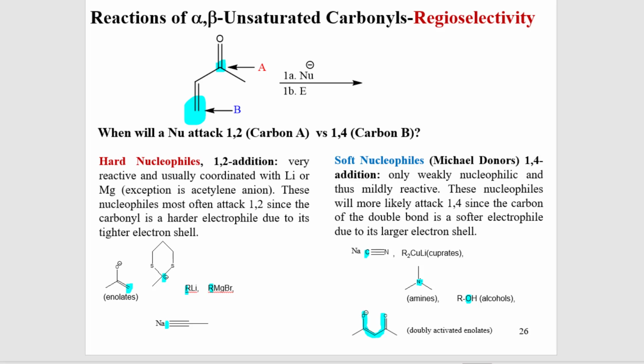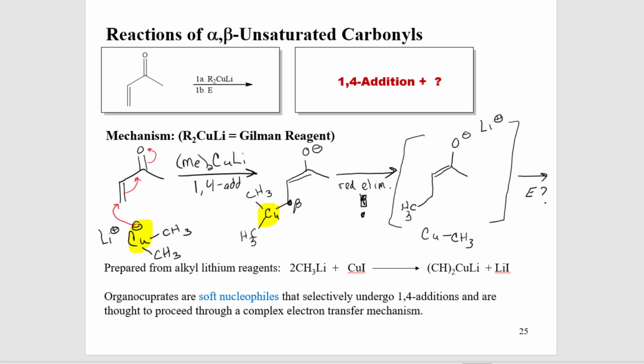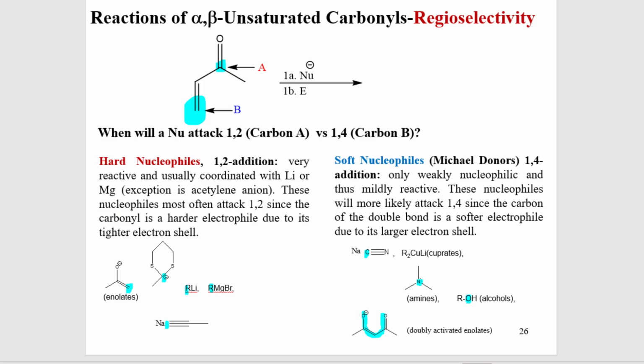The cuprates, on the other hand, although the carbon ultimately goes on, in the previous slide I showed you that it really isn't the carbon that's minus. It's a big, huge metal, copper, with d orbitals and squishy shells, right? So a big electron cloud of squishy orbitals. So it's really the copper that's attacking.